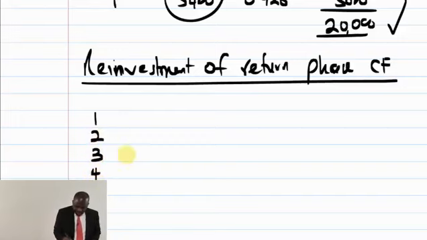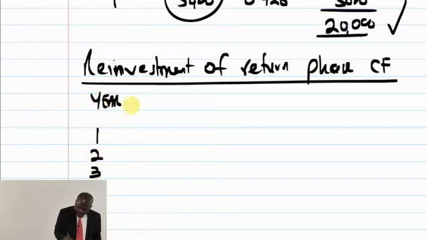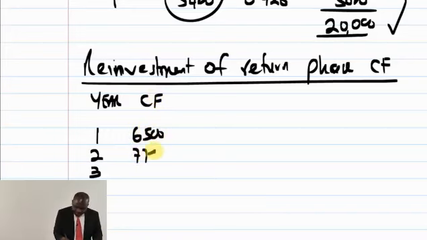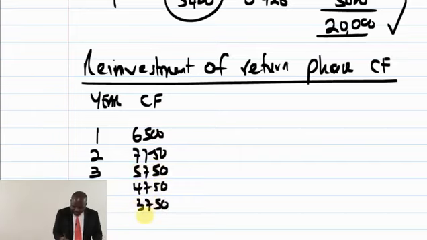It's for 5 years. Let me leave space here, 1 minute. So 1, 2, 3, 4, and 5. These are the years. Then cash flows given: 6,750, 5,750, 4,750, and 3,750.